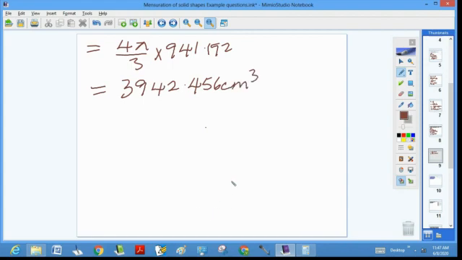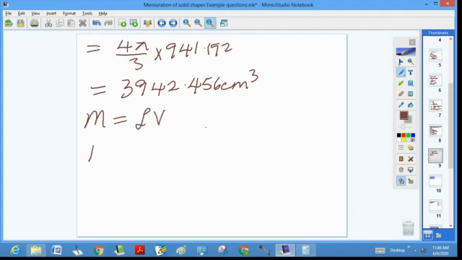So we now proceed to find the mass. The mass is related to volume and density, as mass is equal to density multiplied by volume.